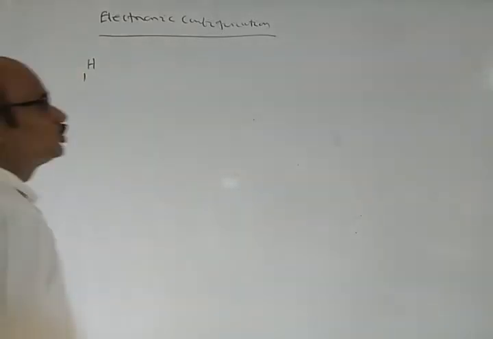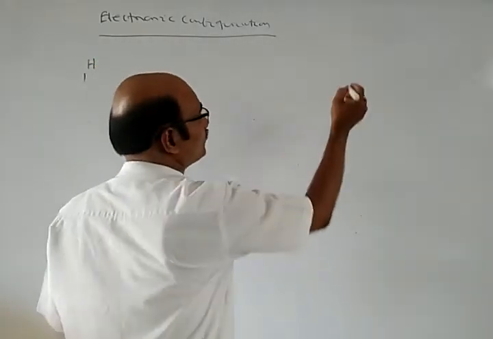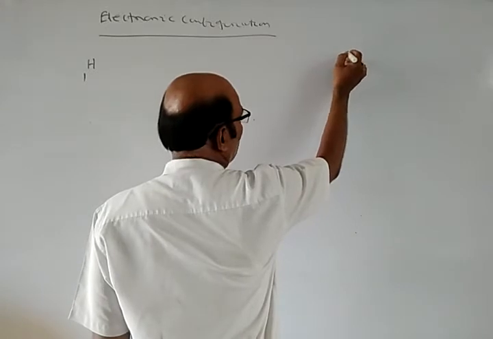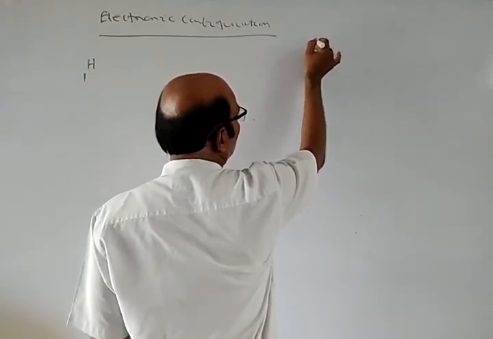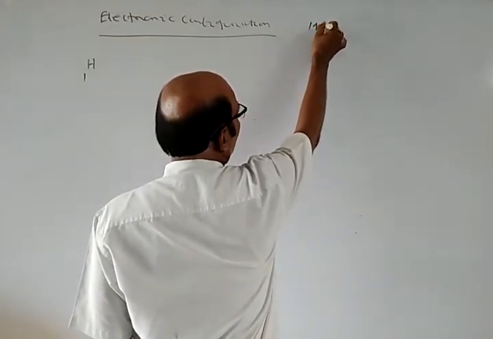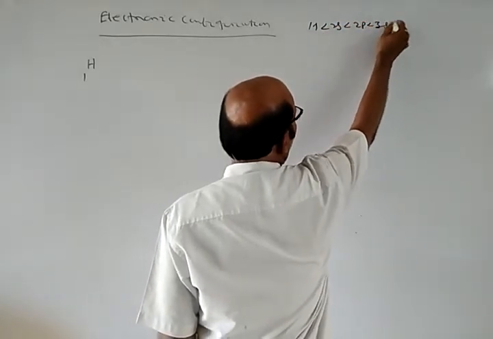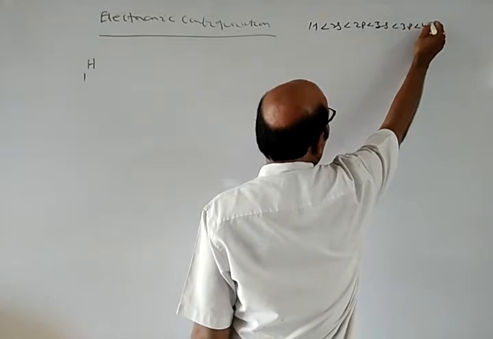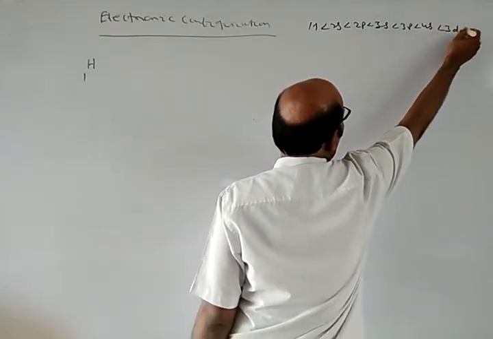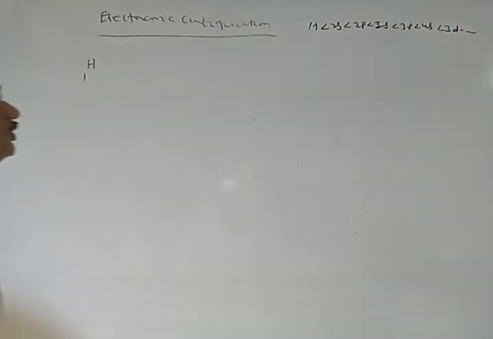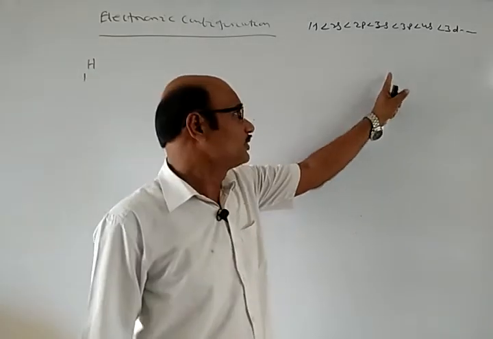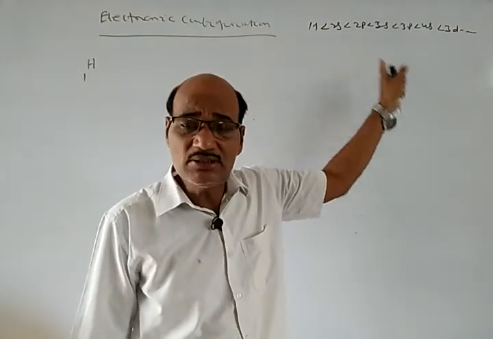H1. So we already know 1s, 2s, 2p, 3s, 3p, 4s, 3d and so on. The orbital with lowest energy fills first.